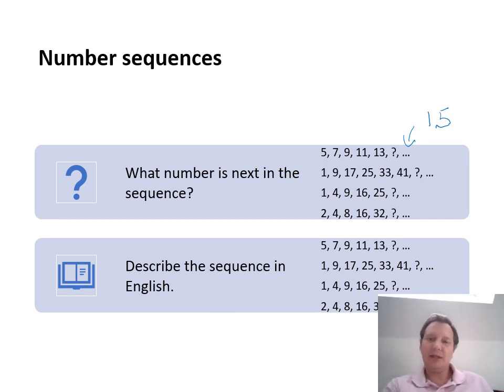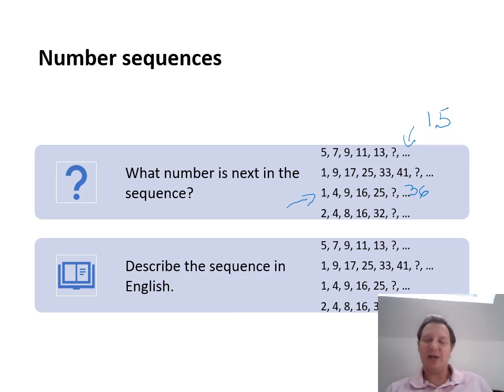Let's look at the third sequence here: 1, 4, 9, 16, 25. And the next number in the sequence would be 36. So how do we generate this sequence? Well, the first number in the sequence is 1.